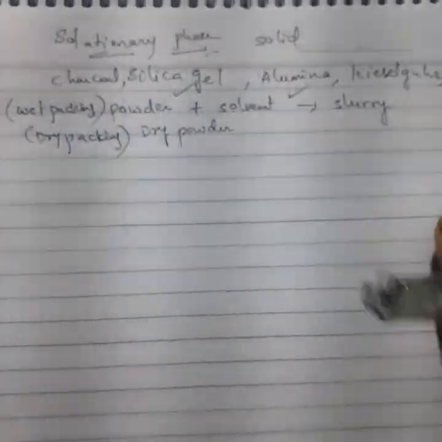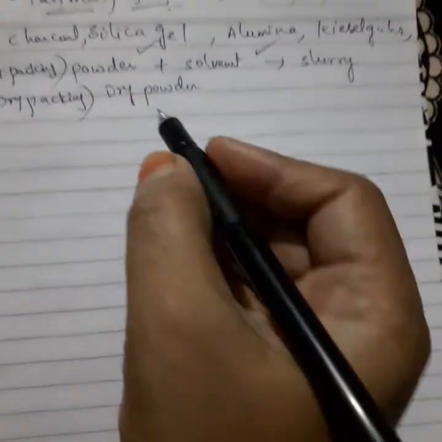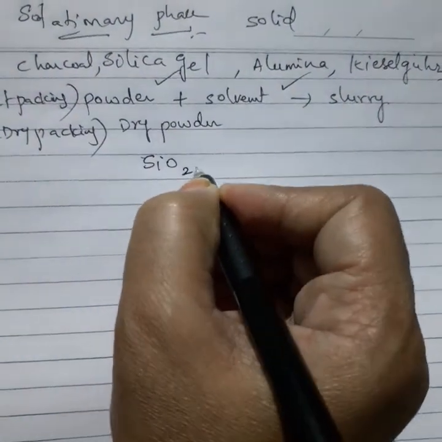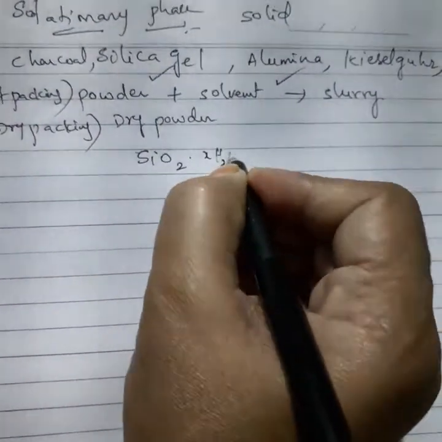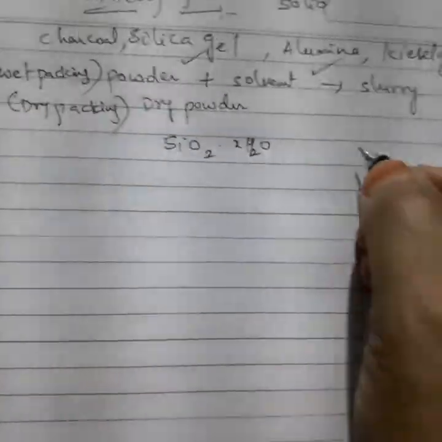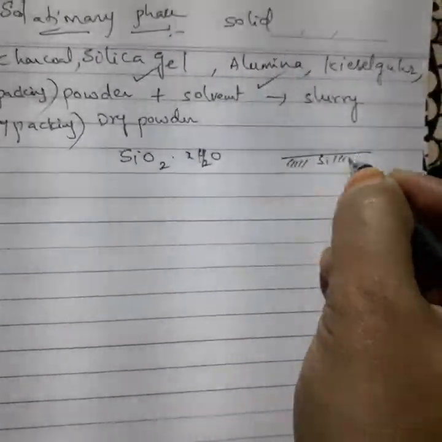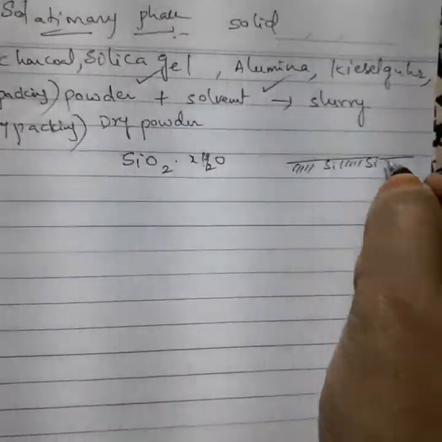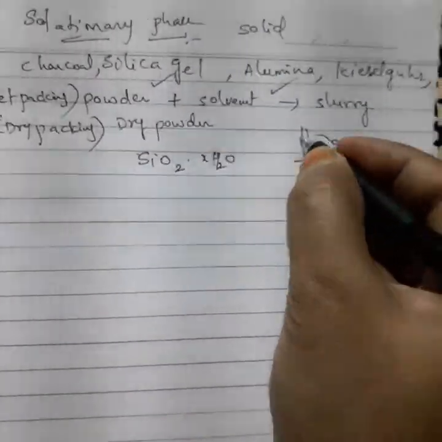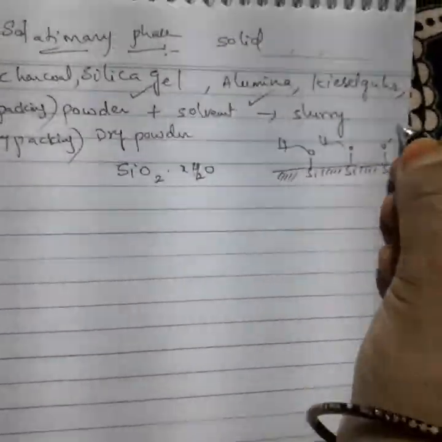Right. So now we will see what this silica gel is. Silica gel is SiO2·xH2O. The surface is like this: Si, again Si, again Si, like this, with OH, similarly OH, similarly OH.